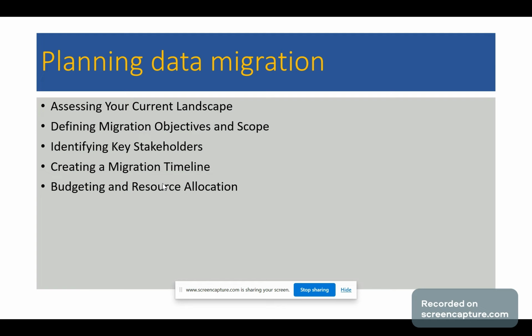So these many things will be considered in the planning of the data migration in an SAP S4 project. Again, I'm saying that this is not required for us to understand as a consultant. It will be done by the higher level management team, project teams, and project leads only. But still, it's good to have this knowledge.